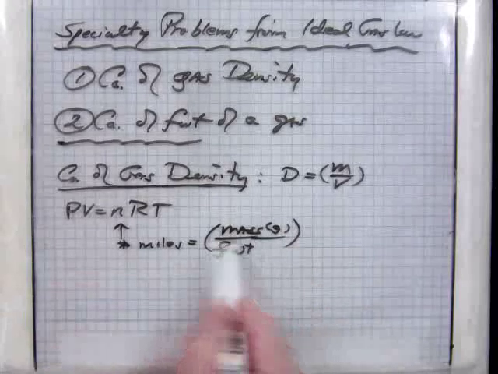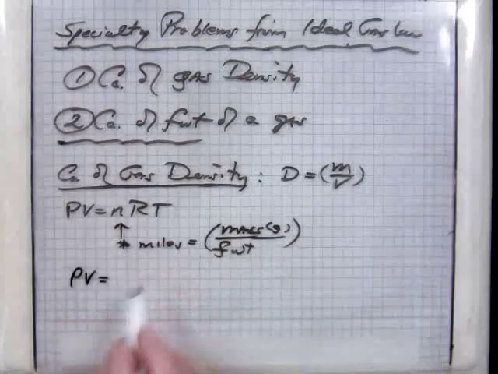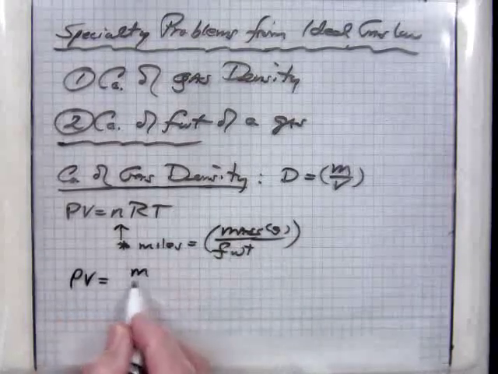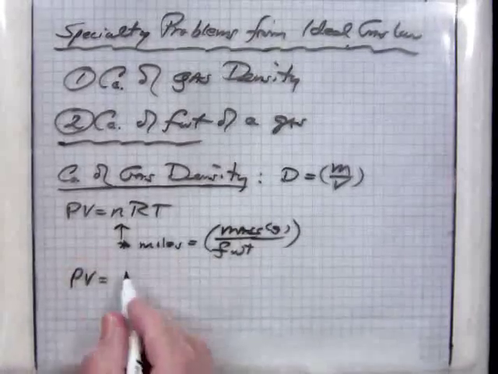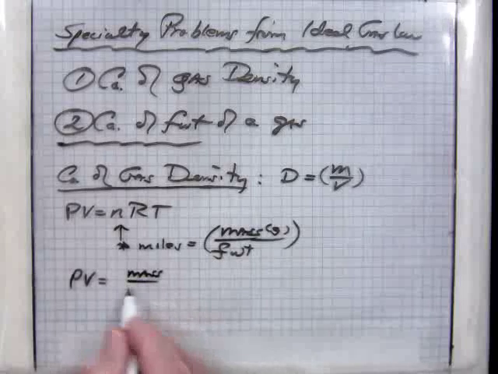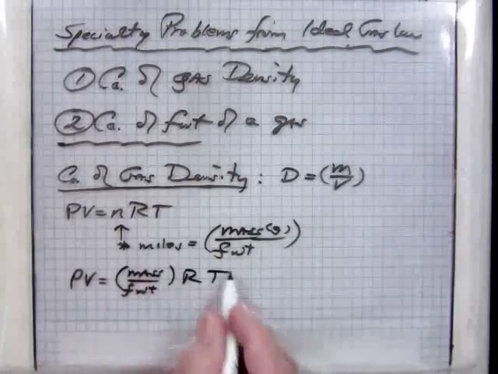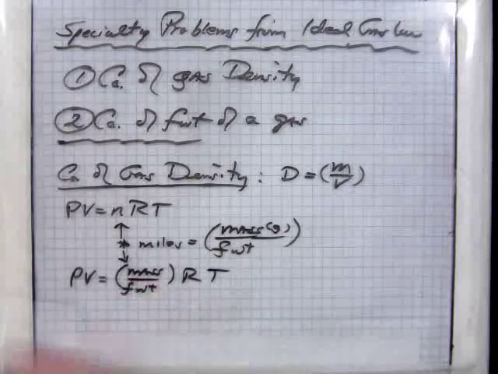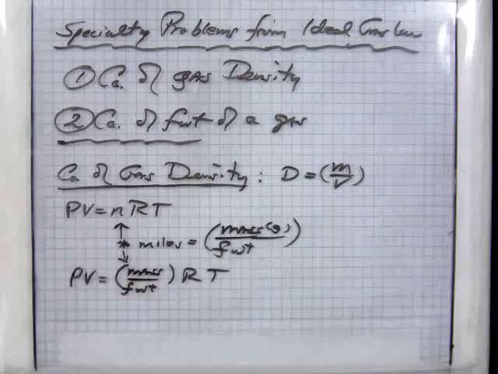So what we'll do is take this and write it out: PV equals mass over formula weight times R times T. I'm just substituting the definition of the conversion from grams to moles.